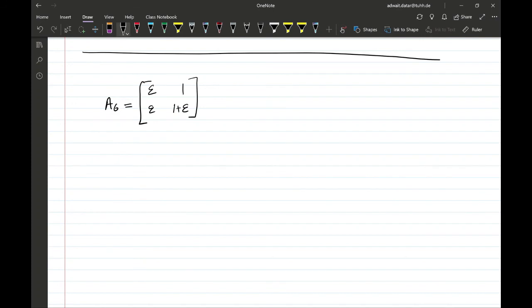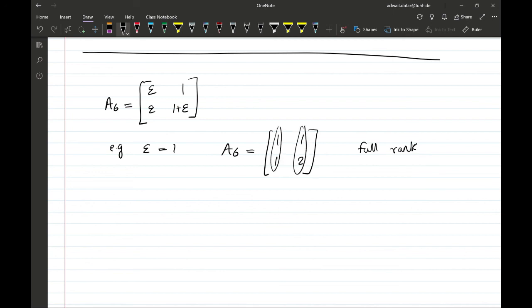Now let's have a look at A6 here. We have this form for large values of epsilon. For example, if epsilon is 1, we have A6 as (1 1; 1 2), which is full rank because we have independent columns here.